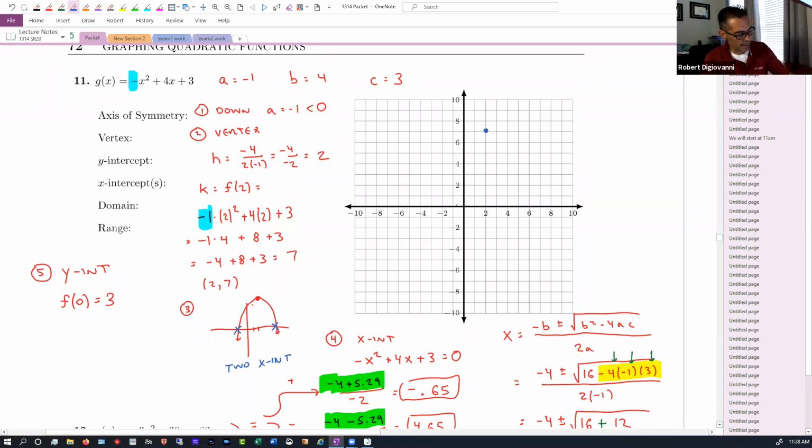So you want to kind of just eyeball this. I don't know if y'all can see my dot there. I'm going to say that's -0.65. And on the test, I want you to label these points so I know what they are. And let's see, 4.65. So here's 5. 4.65 is about right there.